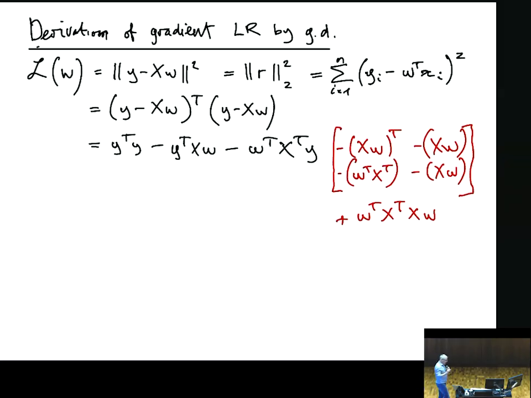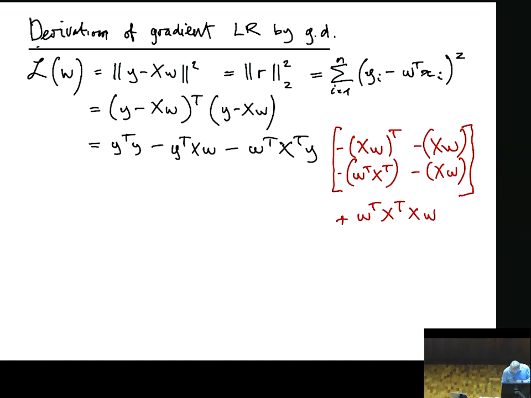But when we look at this, we've got a y transpose xw, and we've got a w transpose x transpose y. So we have the same components, but they're not exactly in the same order. So you might be wondering, how can I combine those?